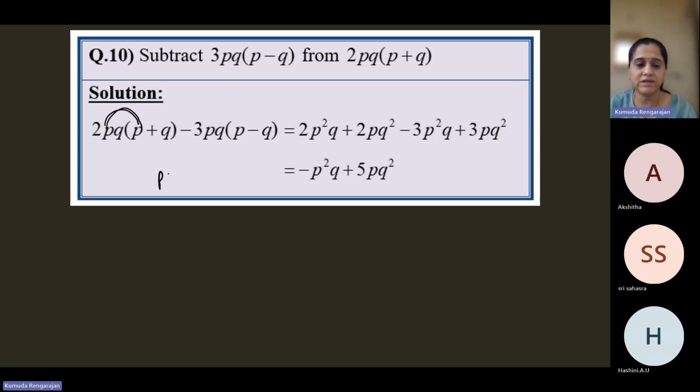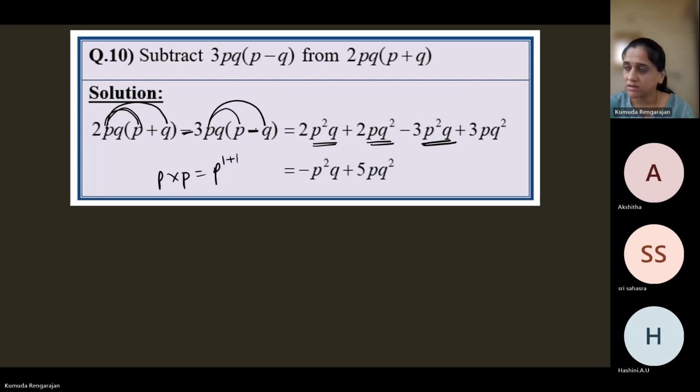P into p is p to the power 1 plus 1, p squared. So 2p squared q. Then when you multiply these two, 2pq squared. And here minus 3p squared q.